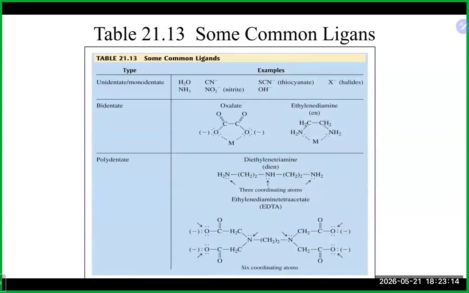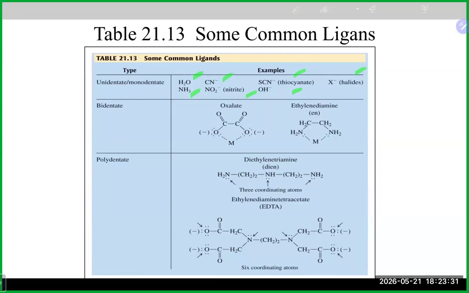Here's a table from your book of some common ligands, again, unidentate or monodentate: water, ammonia, cyanide, nitrite, thiocyanate, OH minus, and any of the halogens.